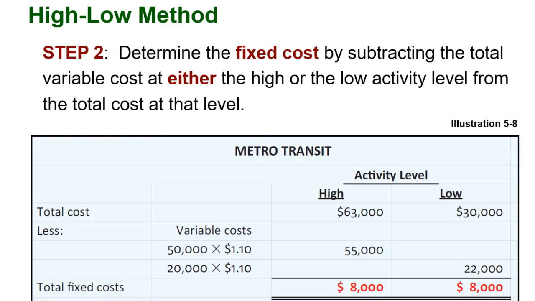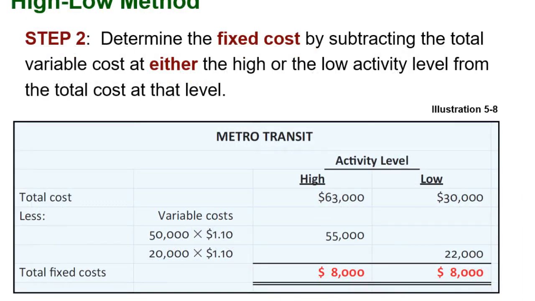Obviously, the fixed portion is 8,000, and fixed is fixed at all levels. So let's go look at the low. The total cost is 30,000. They traveled 20,000 miles or kilometers, and at $1.10 per mile or kilometer we get 22,000. So therefore the fixed cost is 8,000.